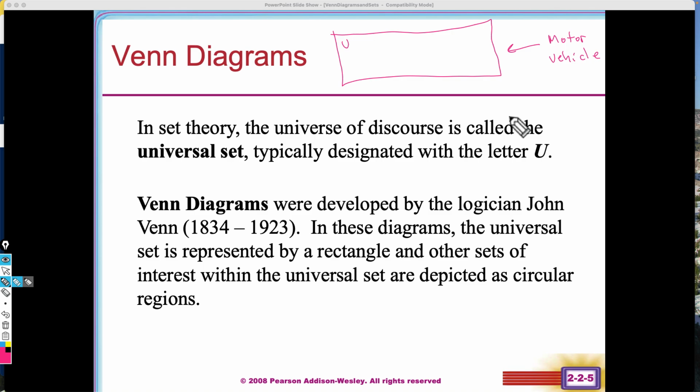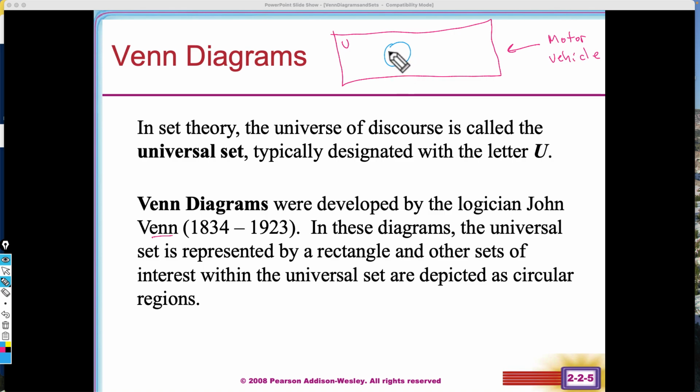Cars, trucks, motorcycles. Some of those scooters are maybe getting there. And a Venn diagram was invented by a guy named John Venn, who came up with these diagrams. What he did is he came up with a system where you had your universal set, and then you would do circles, and these circles would represent a set of something.